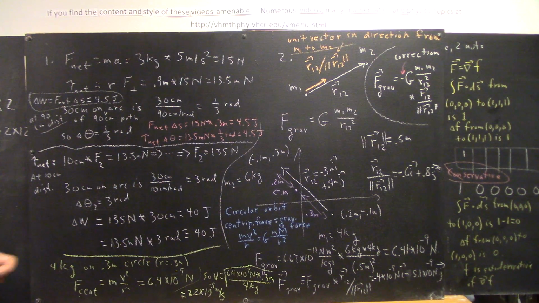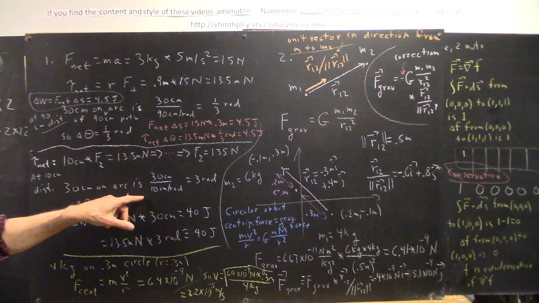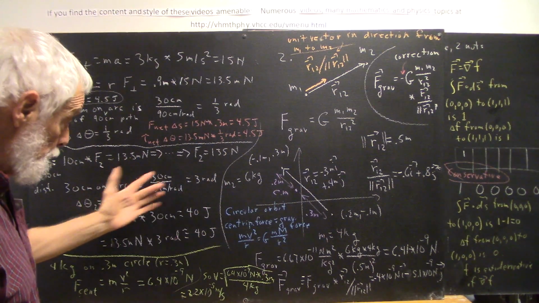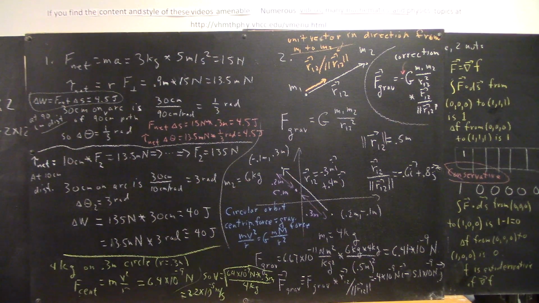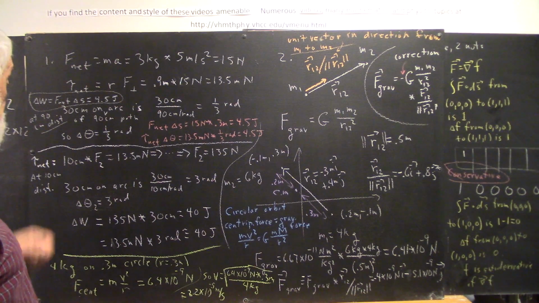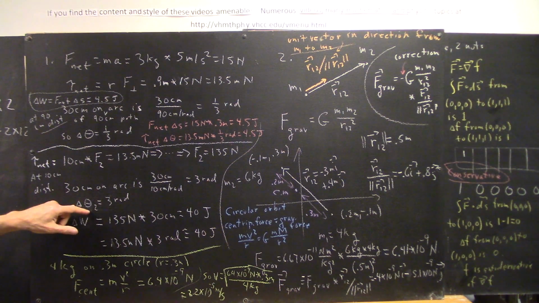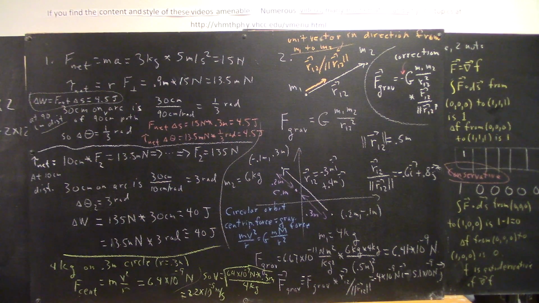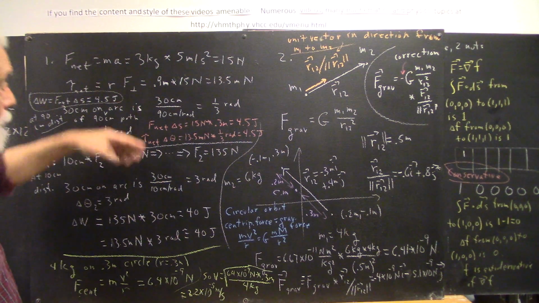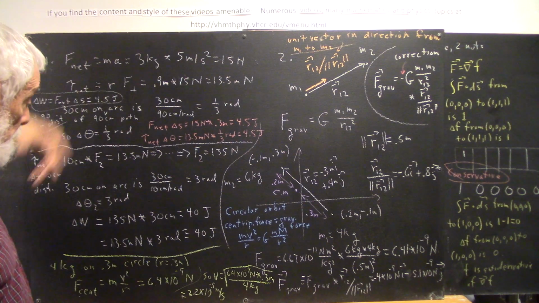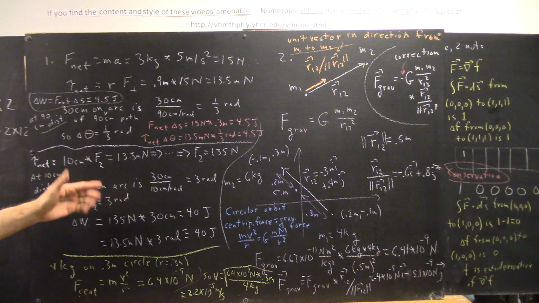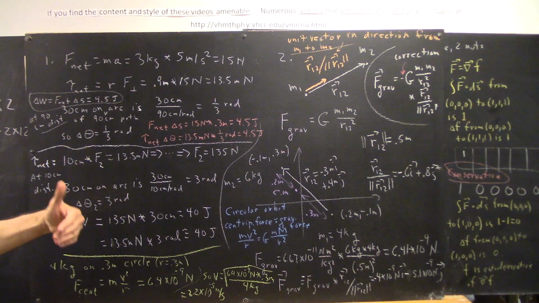Alternatively, 30 centimeters on the arc at the 10 centimeter distance is 3 radians. And I won't explain that. I explained it up here, just the definition of a radian. So your delta theta in this case is 3 radians. So you still have the same torque that we had up here, but it's applied through a 3 radian angular displacement.